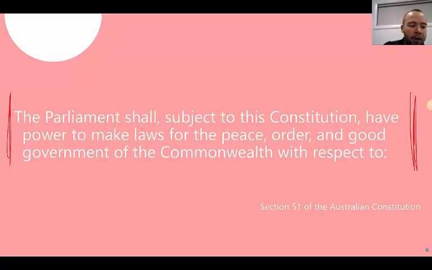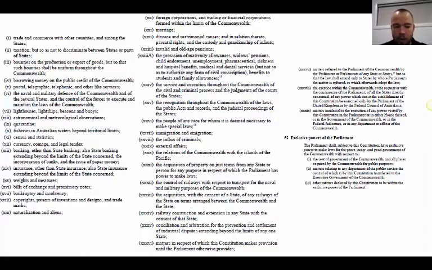So Section 51 of the Commonwealth Constitution says, the Parliament shall, subject to this Constitution, have power to make laws for the peace, order and good government of the Commonwealth with respect to. And then we go into a big list. So this, and up until here are all the things that the Commonwealth has been given lawmaking power over.